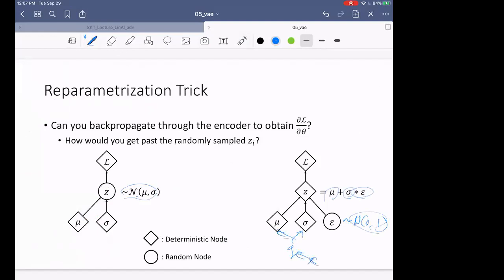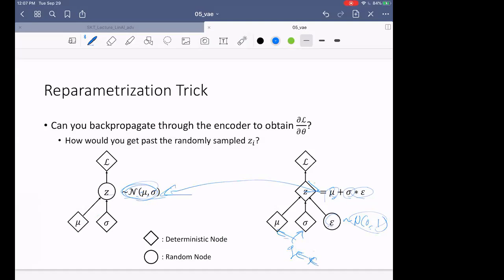Then you derive z by simply multiplying your sigma with your noise epsilon, and then adding the mu, which is exactly the same as sampling from your Gaussian distribution with a certain mu and sigma. They're the same thing. It's the same as simply adding that mean and multiplying that sigma to a noise sample from a unit Gaussian distribution. So it's a reparametrization trick.